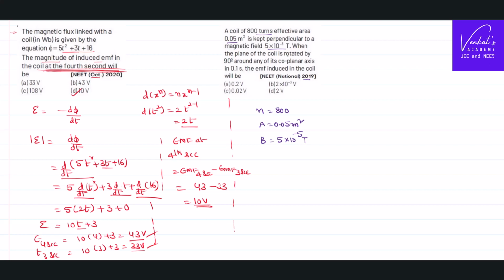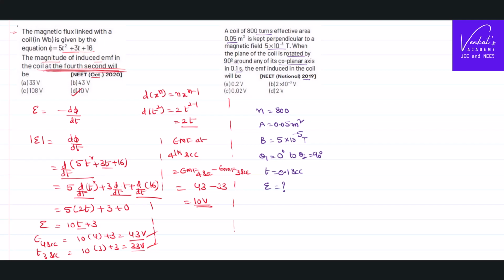When the plane of the coil is rotated by 90 degrees, that means from 0 degree to a new angle of 90 degrees, around any of its coplanar axis in a time of 0.1 second, what is the magnitude of induced EMF?